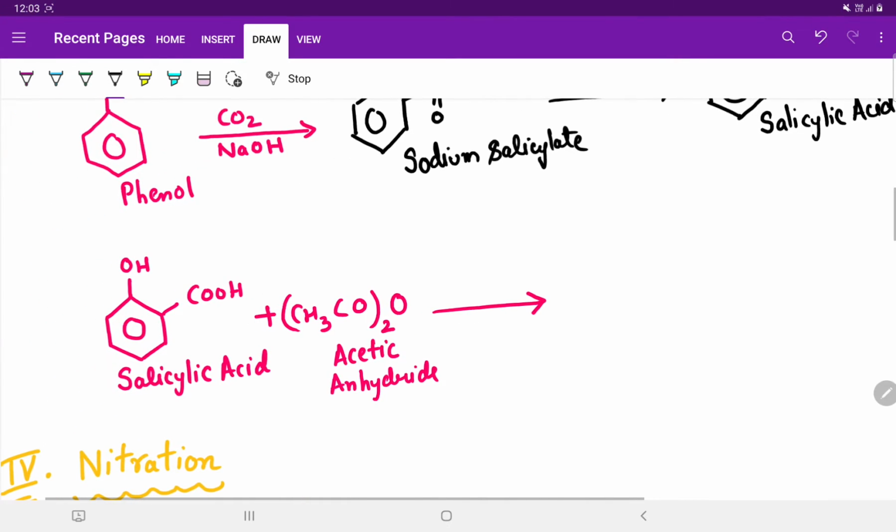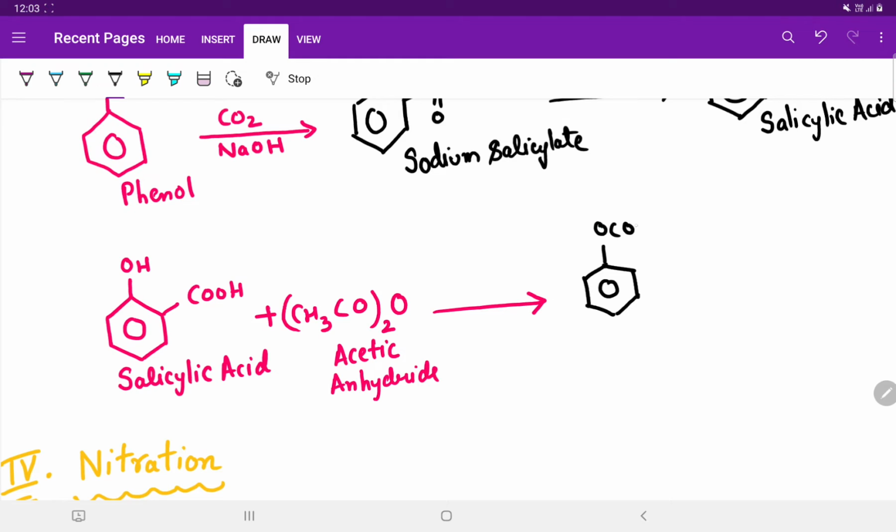Now in the acetylation, this salicylic acid reacts with acetic anhydride to form acetyl salicylic acid with a molecule of acetic acid also, and this acetyl salicylic acid is also known as aspirin. So the acetylation of phenol leads to ultimately formation of aspirin, also known as 2-acetoxybenzoic acid.